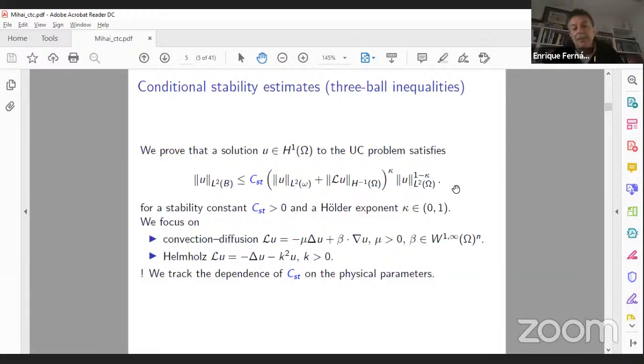No, but I meant, apart from kappa, you have the stability constant C. I wonder if in the estimates that you are using, is there something more subtle regarding the dependence of this constant with respect to little omega and b? For a two-dimensional or three-dimensional problem, maybe it's not only the distance to the boundary, it's something more than this.